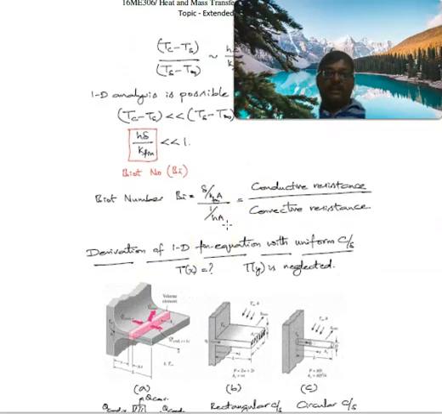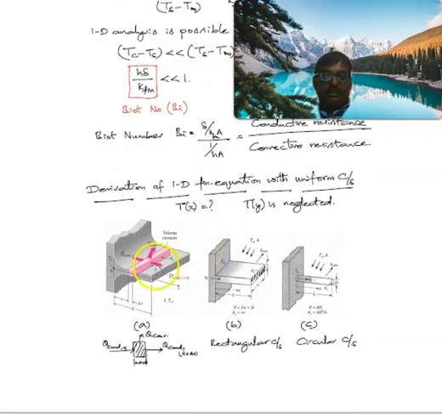As I said earlier, let me see the different shapes of the fins. This is the triangular fin, this is also a small triangular fin, and this is a circular fin. This one is rectangular, and another is a spline-like rectangular fin.